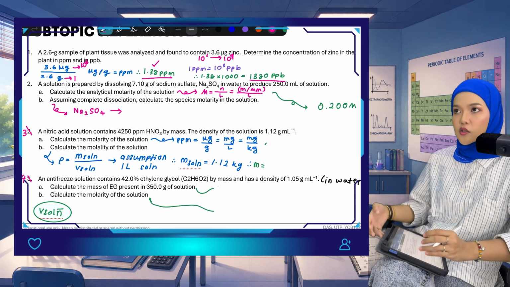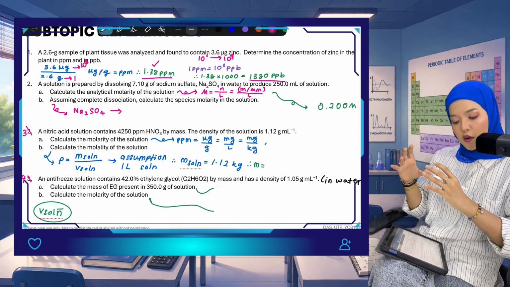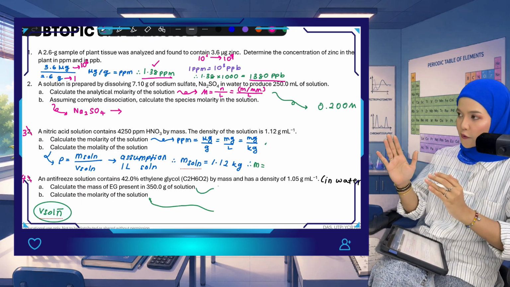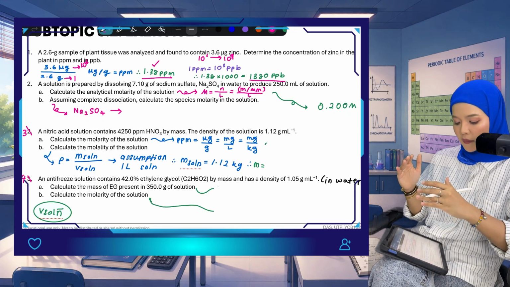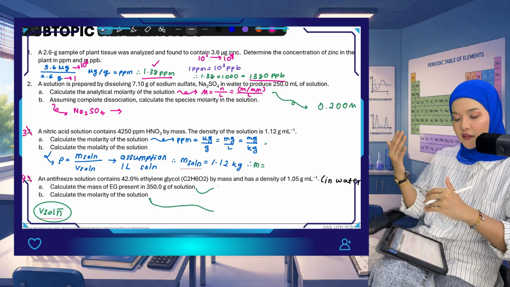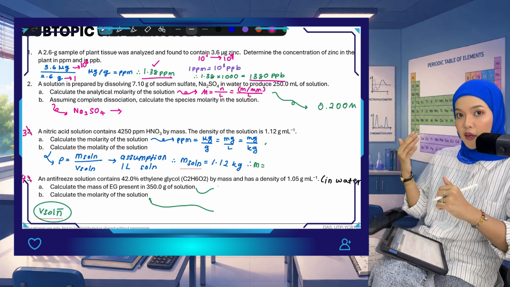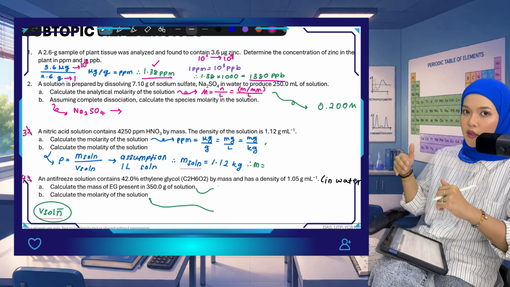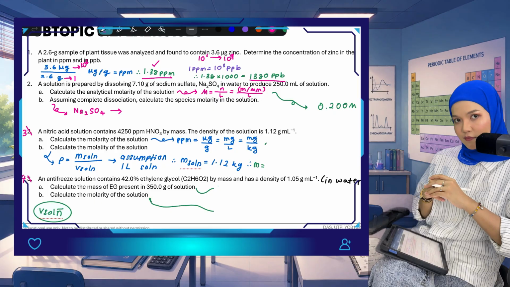So you have ppm and you want to convert into molarity. You can have three kinds of units for ppm: for example, microgram per gram, milligram per liter, or milligram per kilogram. Which of these are you going to pick?